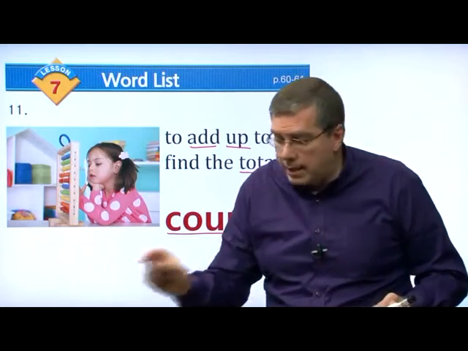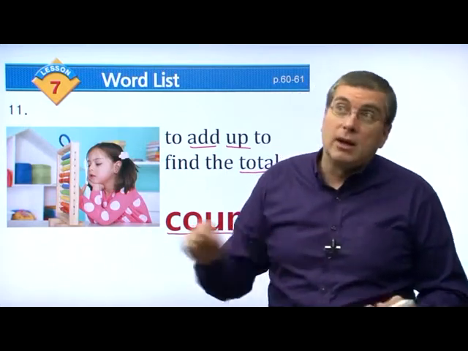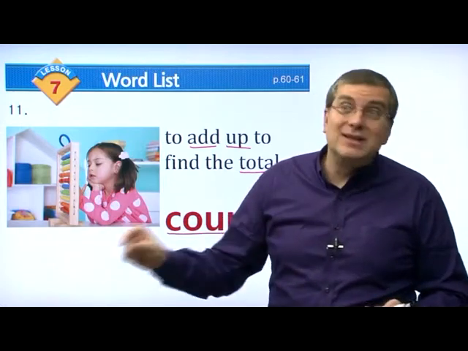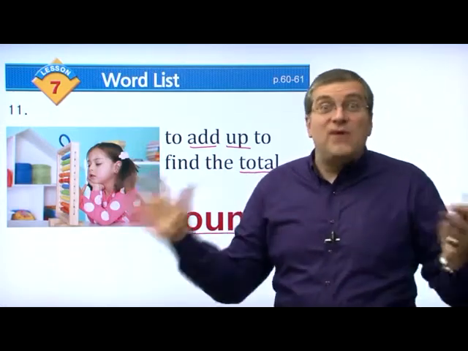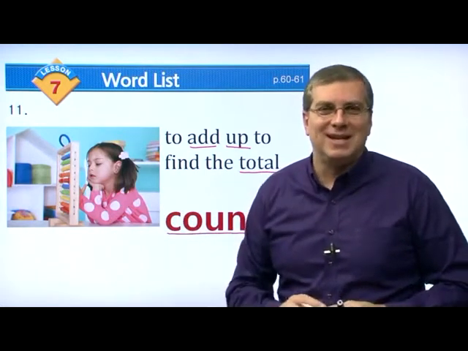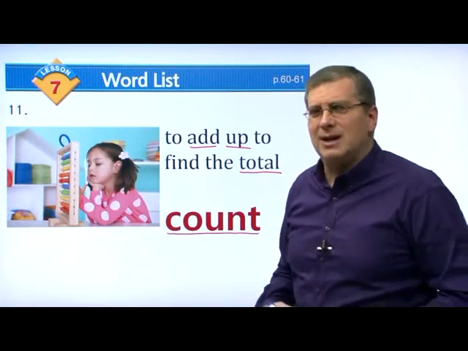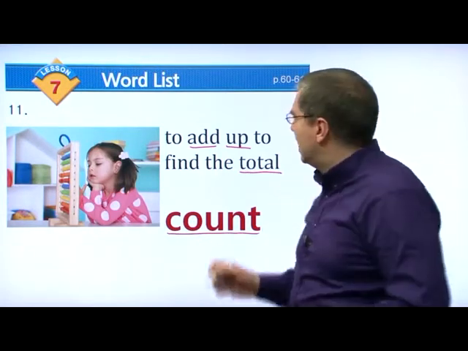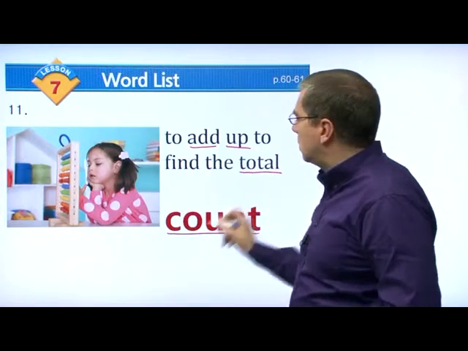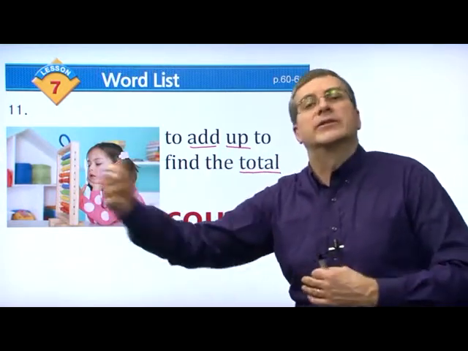You go 1, 2, 3, 4, 15, 20, 50. I have 50 pieces of candy, right? So you're counting the pieces of candy. Don't eat 50 pieces of candy. You will get a stomach ache, right? Just eat 1 or 2 pieces of candy. But to add up, to find the total, you're counting something. 1, 2, 3, 4, and so on.